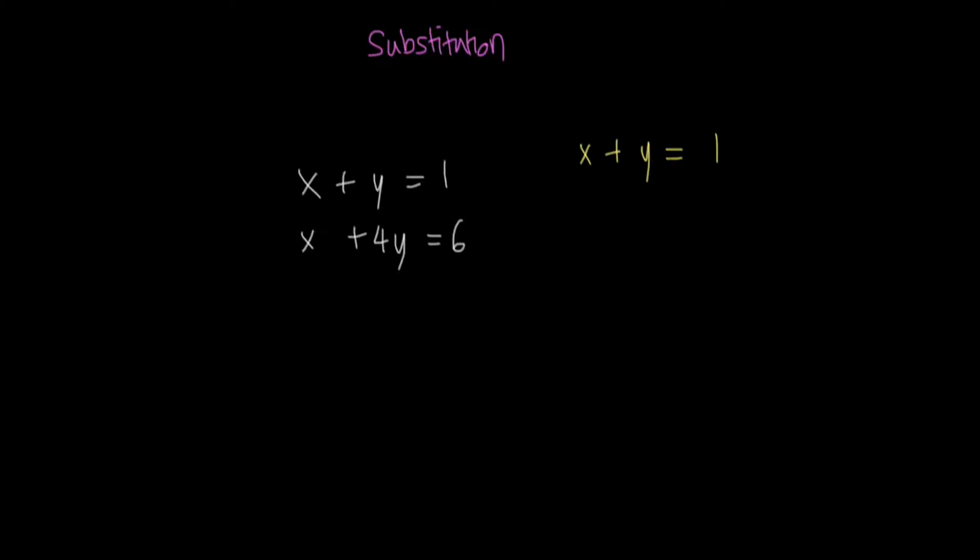So in order to do this, I can get x equals, and then if I subtract y from both sides, this cancels out. So that'll give me x equals 1 minus y, right? Then in order to solve for y, I can simply take this value of x and plug it into the x here.